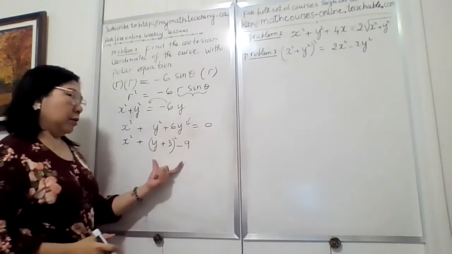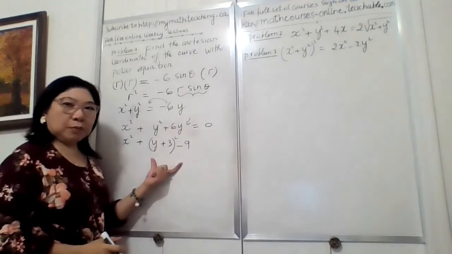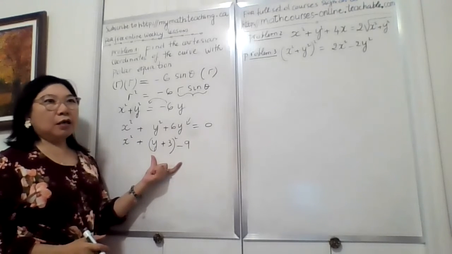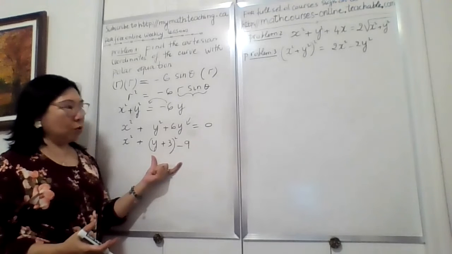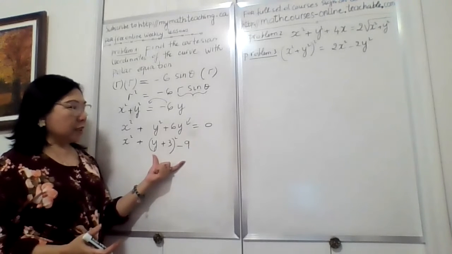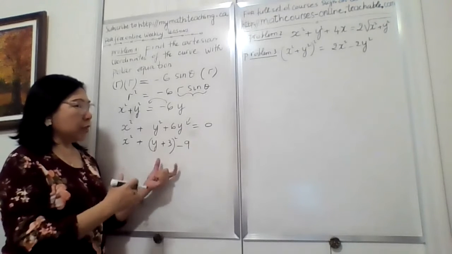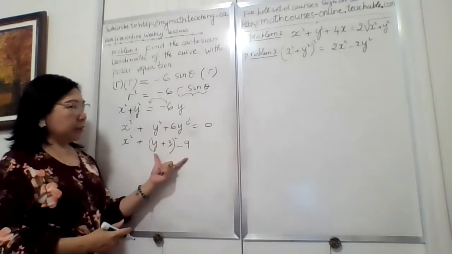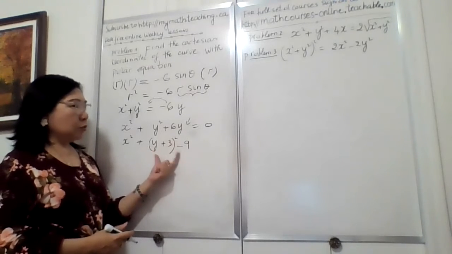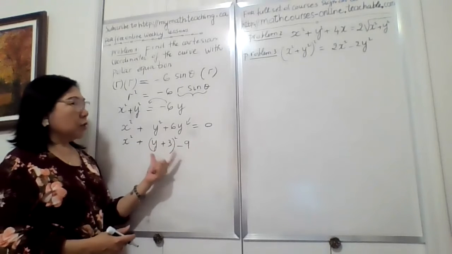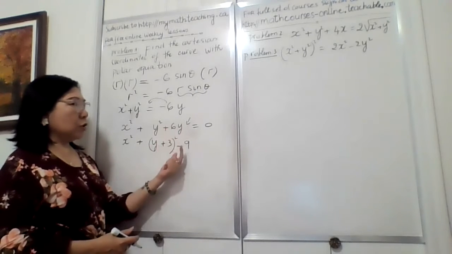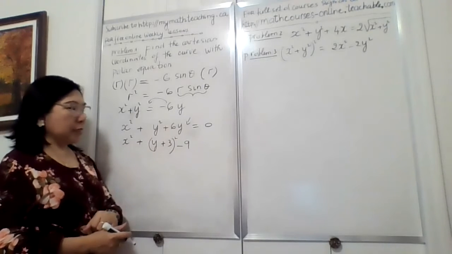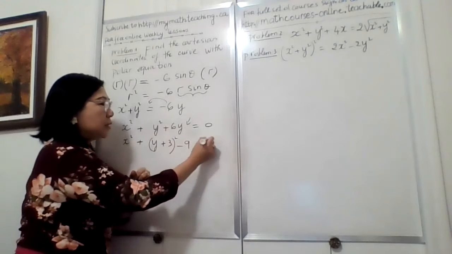If you have already learned the process of completing the perfect square, you know what I'm talking about. Otherwise, you will say, oh, wait a minute, why is it like this? I don't want to go through the whole thing to finish the completing the perfect square. That is another topic. But at this level, you should be able to do the completing the perfect square, which is we toss in an extra term, which is plus 9. We take away minus 9 so that we don't make mistakes. And that's the way it is, right?